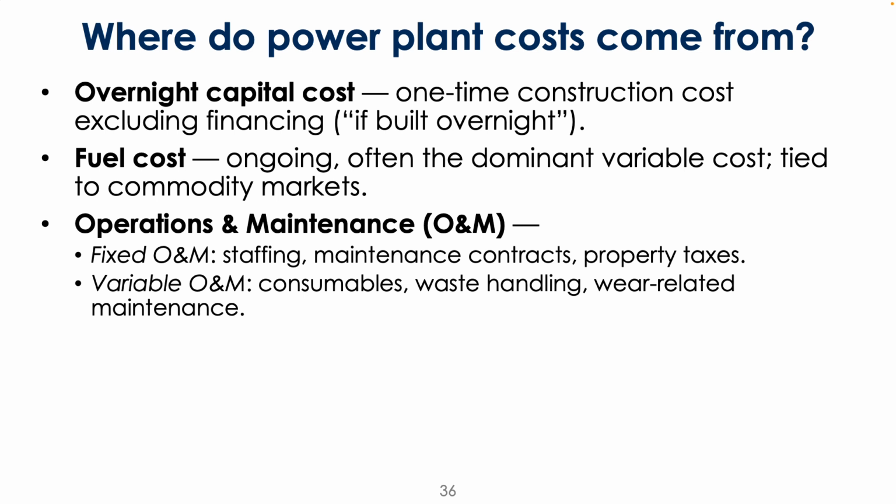Fixed might be things like staffing, maintenance contracts, taxes, right? Whether or not your power plant is running, you have to pay the people who are operating. But then you also have variable O&M that has to do with consumables and things related to wear and tear. If you're running it a lot, you might have higher variable O&M because of hardware degradation from use.